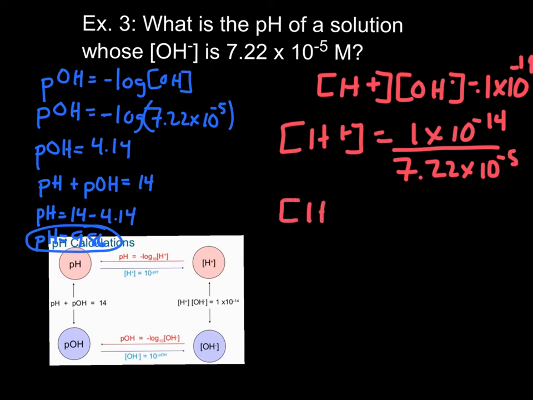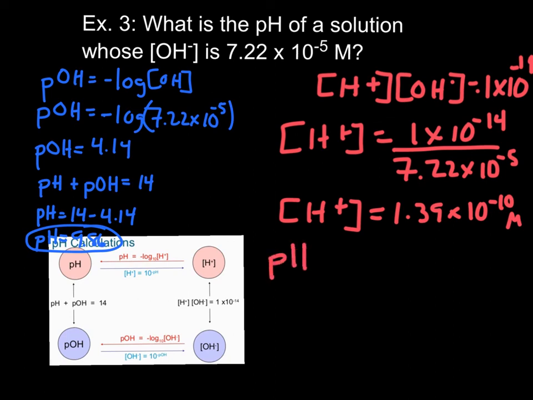When we plug this in our calculator, we get a hydronium ion concentration equal to 1.39 times 10 to the negative 10th molar. Now we can plug this into our pH equation over here, negative log of the hydronium ion concentration.